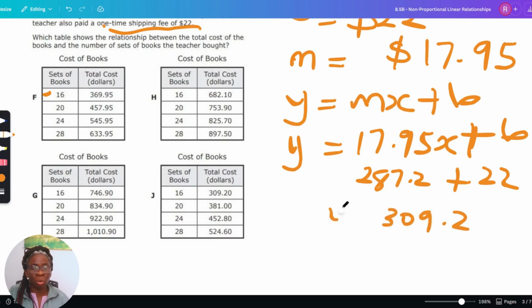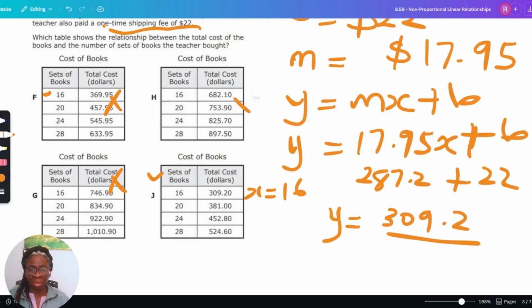So y is equal to 309.2. Let's take a look at the tables. When x is 16, y must be equal to this. Which one has this option? That is option J. So this is wrong, and this is wrong.